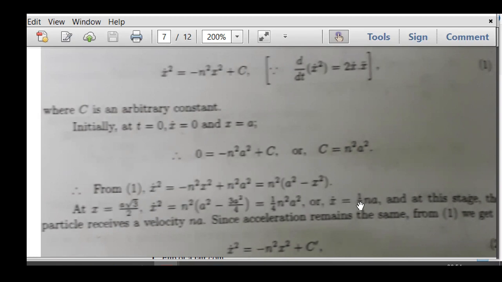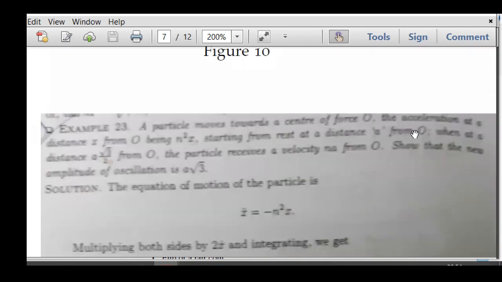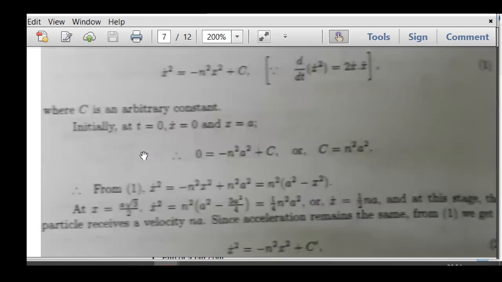Now let me remind you of one thing. If there was no sudden change at this point, suppose this part was not given in the sum, my velocity at this point would be this thing. But here in the problem, they are giving something extra.